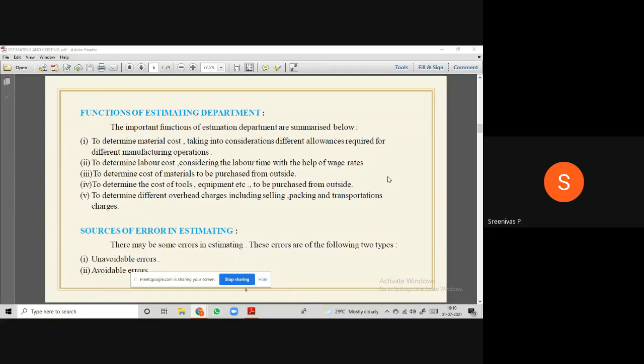After the completion of all this, we must note the time required for each operation. For example, for drilling, it will take 1 minute. For the next operation, reaming, it will take 2 minutes. Next, for tapping, 3 minutes. And the total will become 6 minutes.